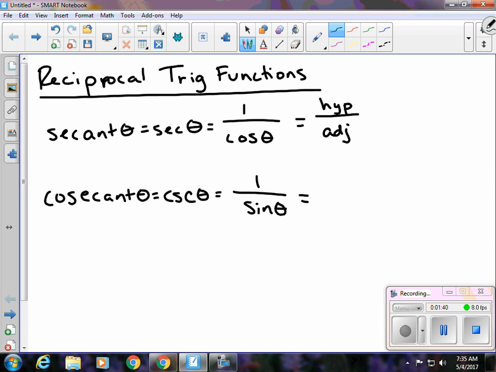But so if it's 1 over sine, sine is really opposite over hypotenuse. So this goes into hypotenuse over opposite. Last but not least is cotangent, which you can assume here goes with our tangent function.